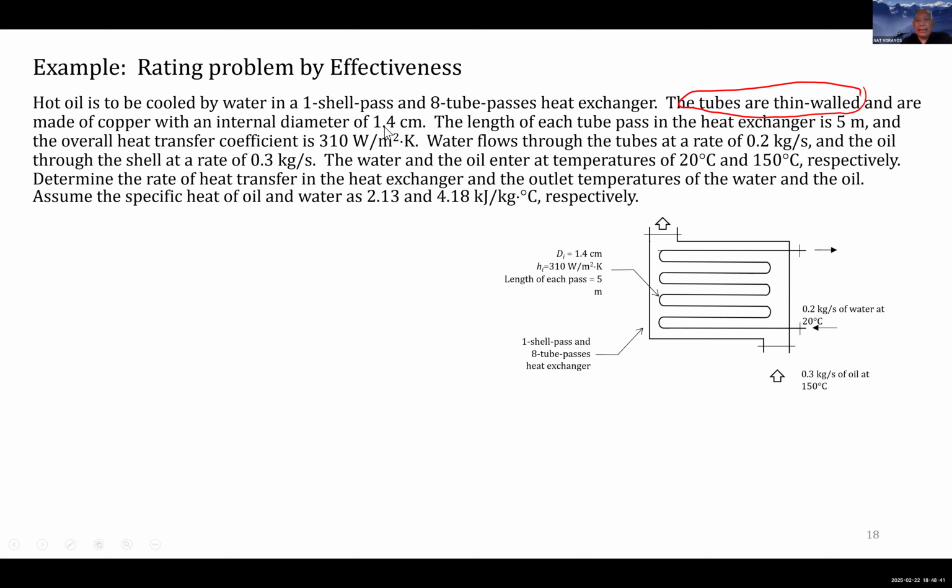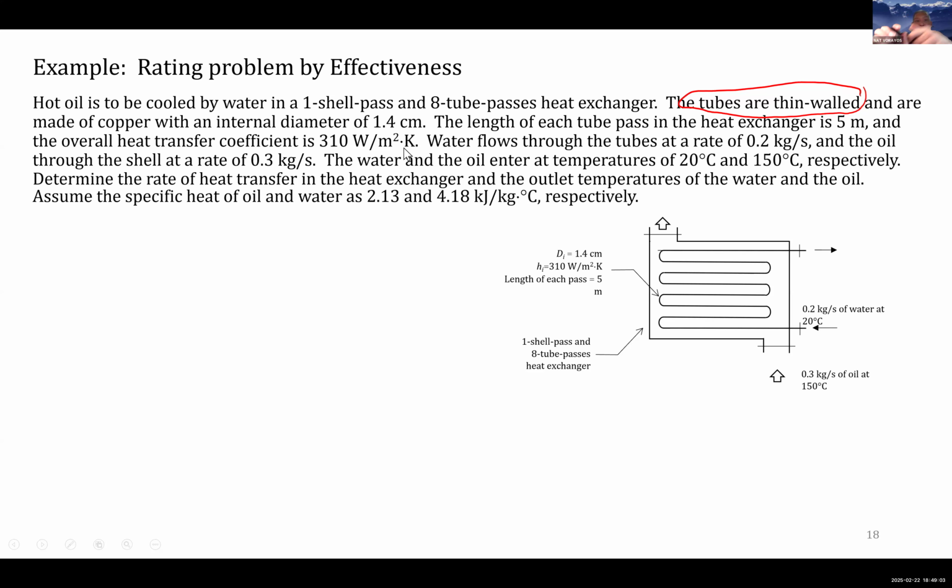The internal diameter is 1.4 centimeter. The length of each tube pass in the heat exchanger is 5 meter, and the overall heat transfer coefficient is 310 watt per meter square Kelvin.